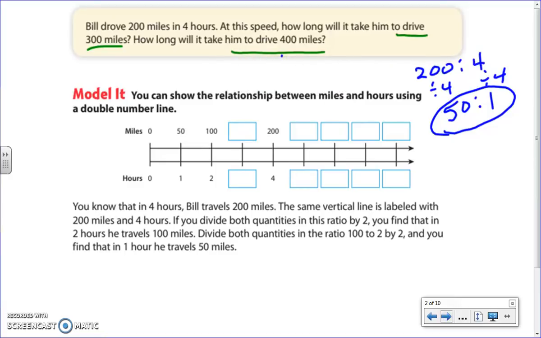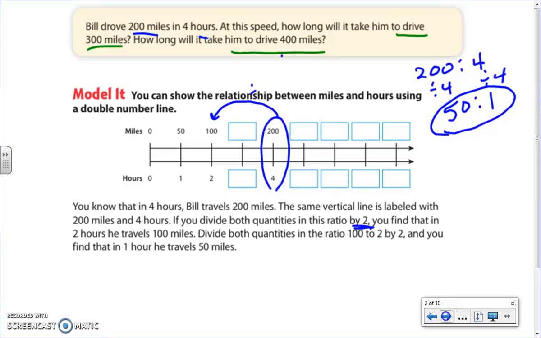Okay, so when I look at this, it gives me the initial values that it says in the problem: 200 miles in 4 hours. And it goes on to say down below here that you know that in 4 hours, Bill travels 200 miles. The same vertical line is labeled with 200 miles in 4 hours. If you divide both quantities by 2, you find that in 2 hours, he can travel 100 miles.